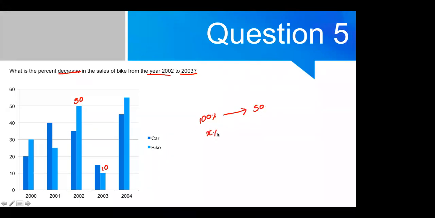X percentage is 40. Yes. Perfect. Proceed. That's all. Once you get this, then we can directly go to the topic. Question number 6.